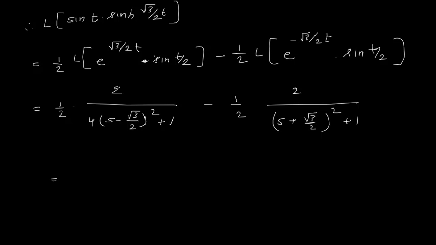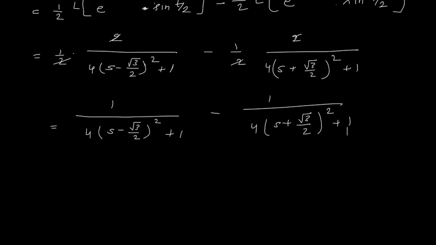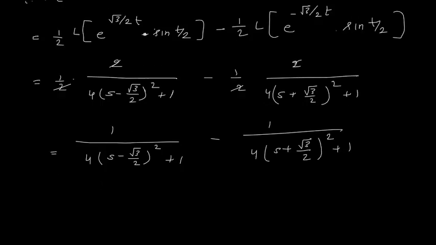So this equals, we can cancel this 2, 1 upon 4 times s minus root 3 by 2 square plus 1 minus 1 upon 4 times s plus root 3 by 2 the whole square plus 1. This is Laplace of sin t into sinh root 3 by 2 t.